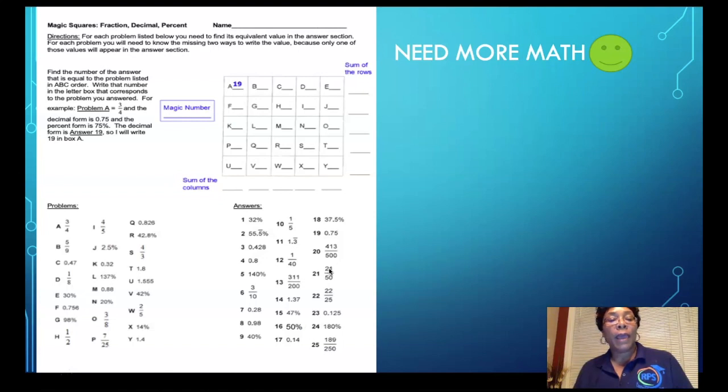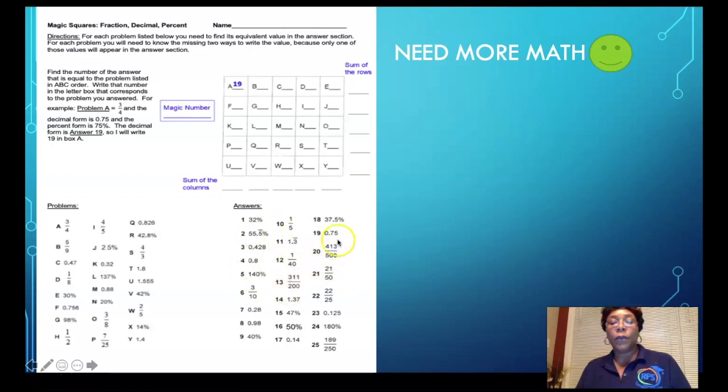So here's problem A. We have 3/4. Well, we know one of those fractions that we should kind of know off the top: 3/4 is 75%, which is 75 hundredths. So I look over here for my answers and I find 3/4.